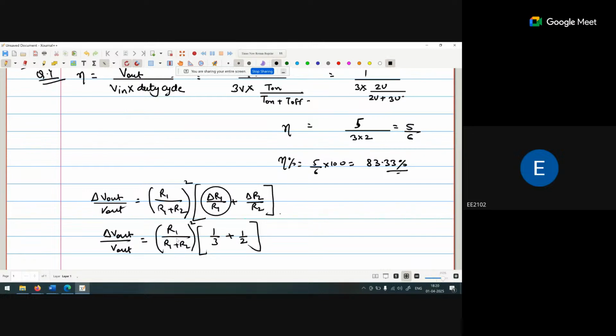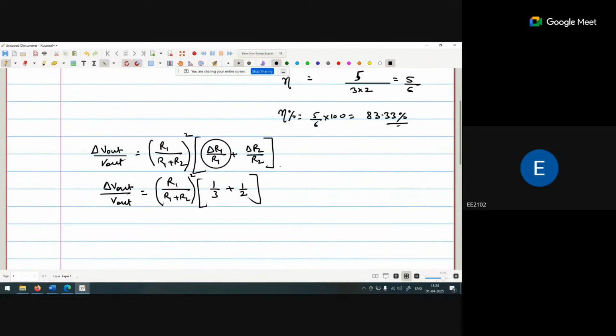Now R1 and R2 are not given to you, so we can't calculate del V out upon V out fully. That is R1 upon R1 plus R2 squared. Now if we calculate this, it becomes 5 by 6, so it is 0.83% of R1 upon R1 plus R2.